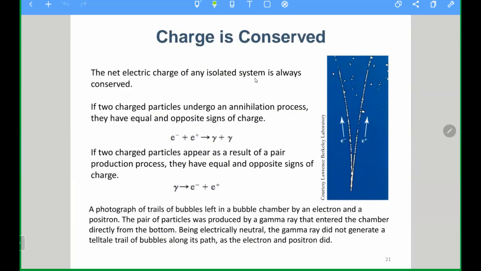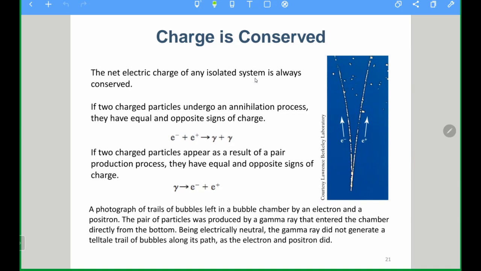Okay, and another one is that charge is conserved. Charge is conserved means you cannot create or destroy charge. Before some action, there is a total charge amount, and after the action, the total charge amount remains the same.